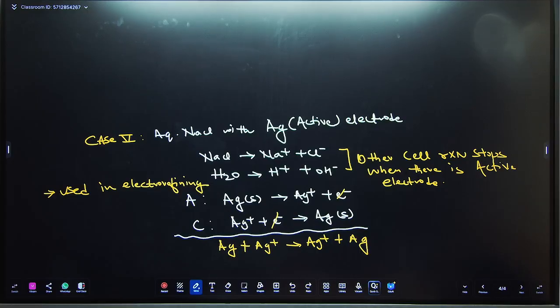Was it hard? It's easy, right? The last two are difficult. Active electrode is the easiest of all.